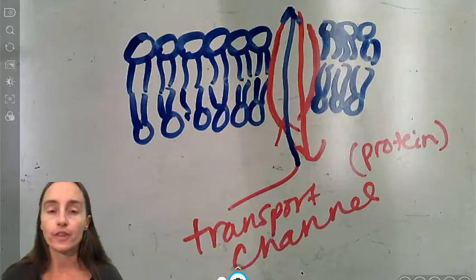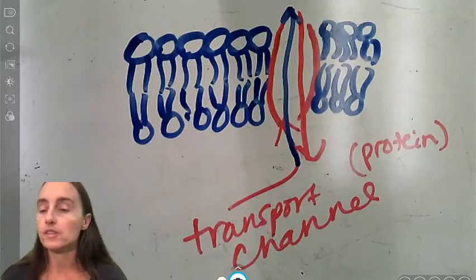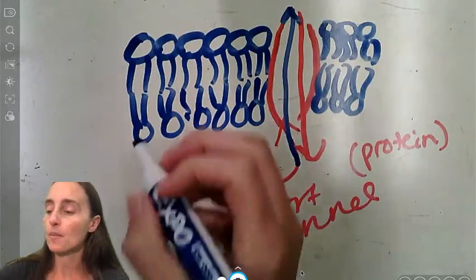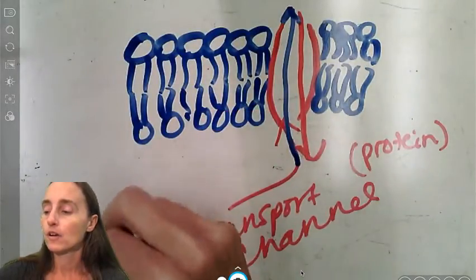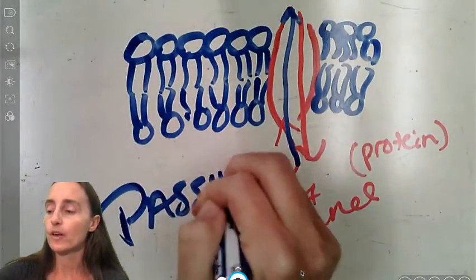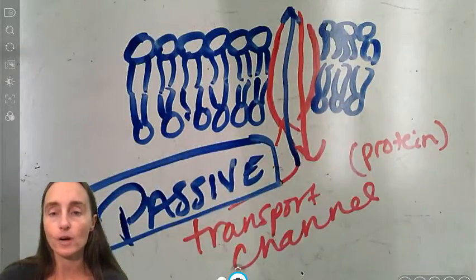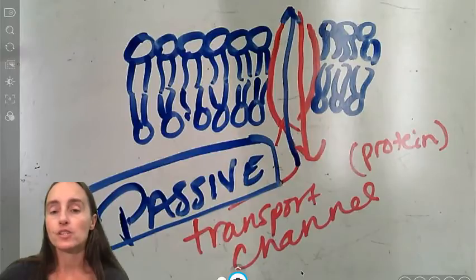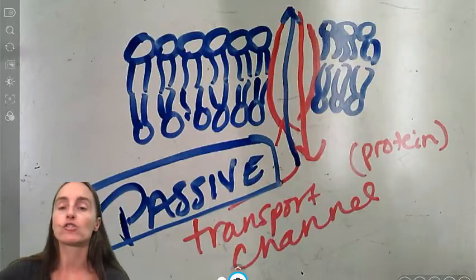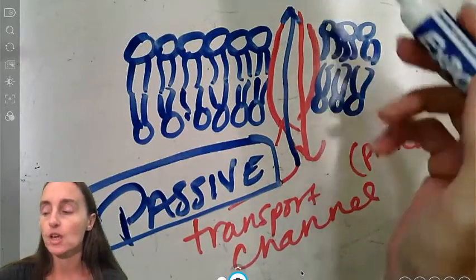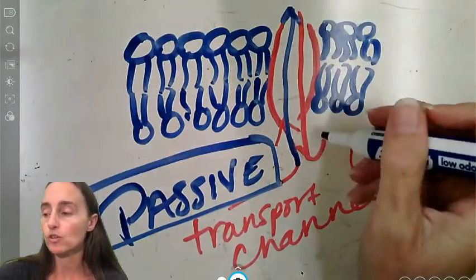Now, the only thing it can do is go with its concentration gradient. So since this is a passive type of transport, no energy required, then it has to move with the concentration gradient. So when I say that, I mean it has to move from an area of high concentration to an area of low concentration. So it's moving with the concentration gradient.